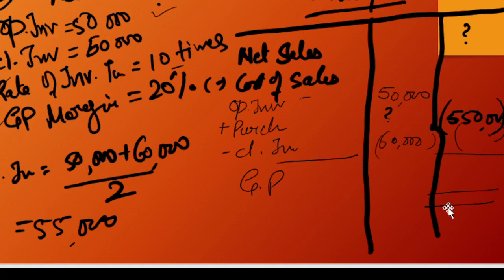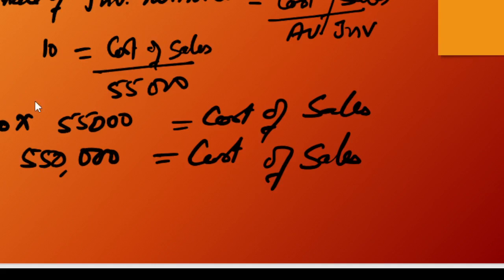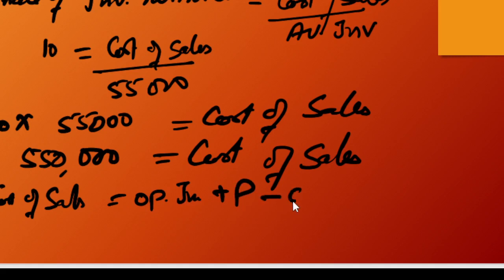How are you going to use that? Because you know the formula, that cost of sales is equal to opening inventory plus purchases minus closing inventory.